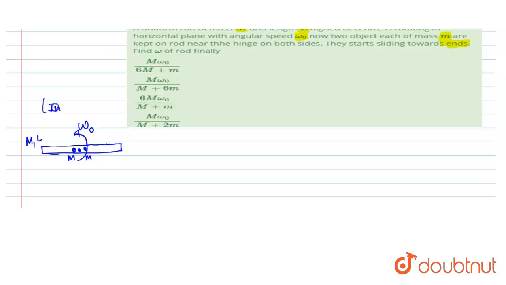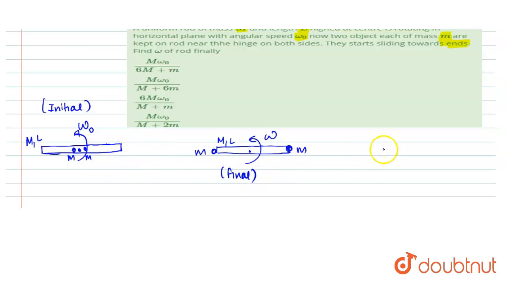So this is the initial situation, and in the final situation these masses are at the ends, they have slipped to the ends, and still the rod of mass M and length L is rotating about its center with some new angular speed omega. So all we have to find is the value of omega now, right? So as we can see, this is the final situation.